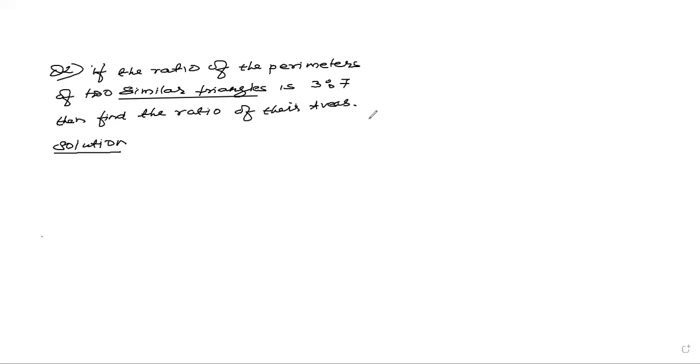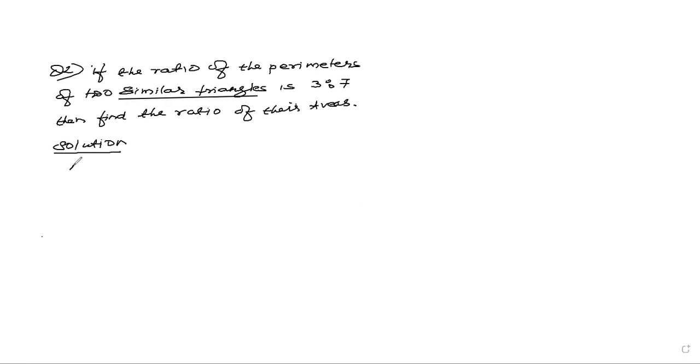But I told you the same property I can interpret in a few different ways: altitudes, medians, angle bisectors, perimeters. So when we hear in this question that the word perimeter is used, I am going to use the last statement. So how am I going to do it?